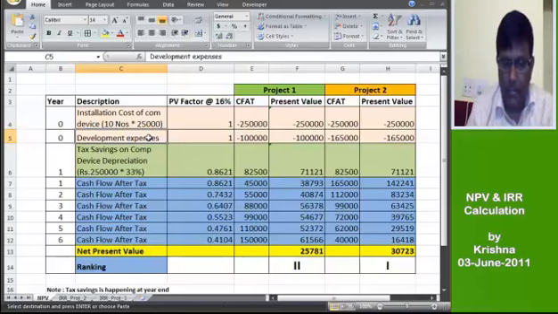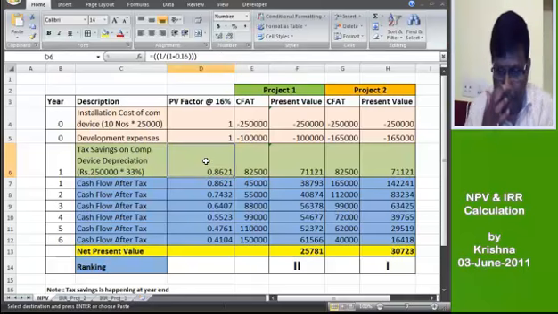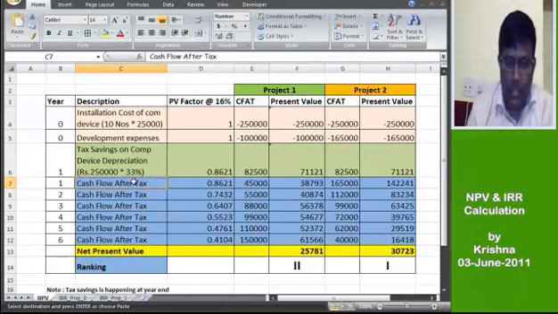So on the depreciation of the computer device, we have calculated 33% as tax savings. For that we have to multiply with the first year end present value factor, and we are having 1 to 6 years cash flow after taxes, and for this also we are identifying present value.